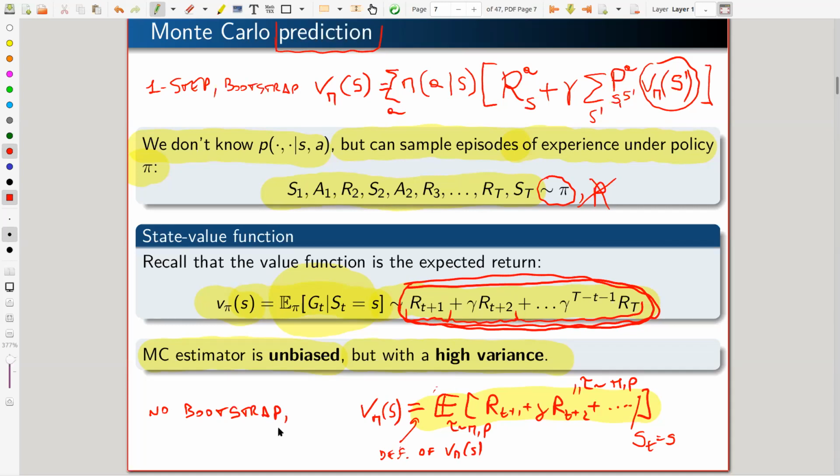Okay? So, Monte Carlo method is with no bias, high variance, no bootstrap, and another terminology we need to learn is that it is a method that you can't apply online. You can't apply in real time. I mean that you need to wait for the end of the episode. Okay? I have to check if doing this move in a game of Go is going to produce a good or a bad result.